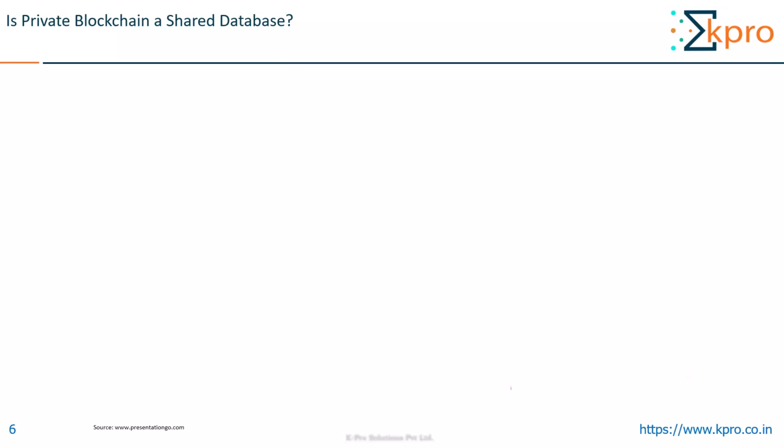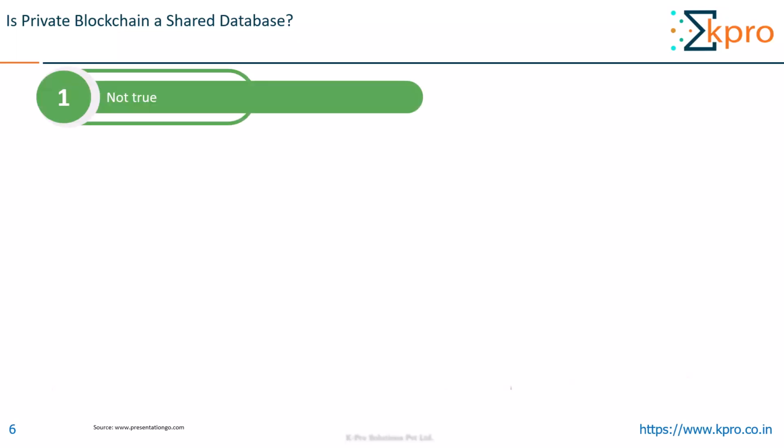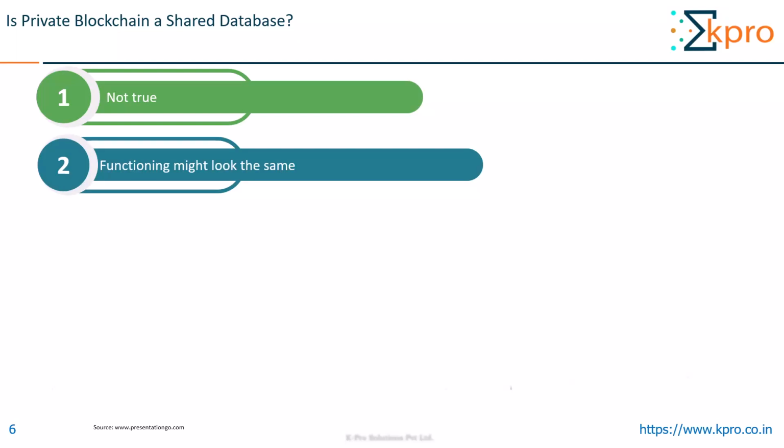Next, let us see if we can consider this private blockchain as a shared database. This private blockchain and the shared database might look the same, but it is not entirely true. Although the functioning of both may look the same, there are differences between them.